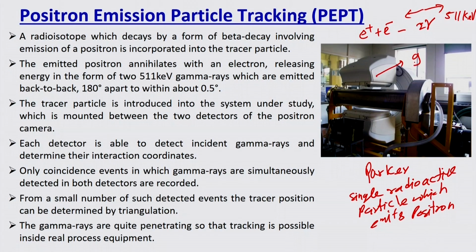Now, these gamma rays emitted from the particle are detected by a series of scintillation detectors clubbed in a unit, which we call a gamma camera, or you can say a positron camera. They are nothing but an array of scintillation detectors.